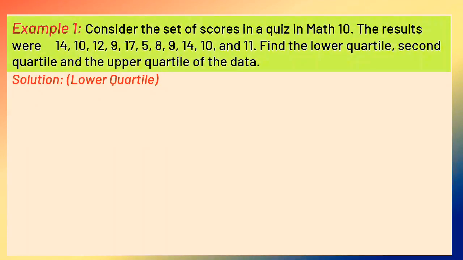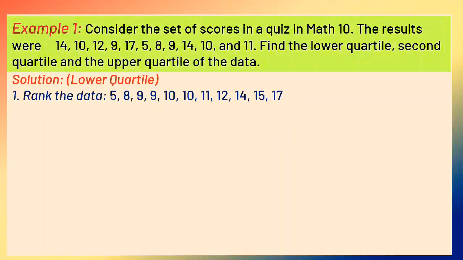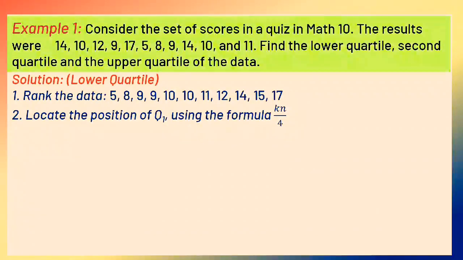So first thing to do is for us to identify the value of the lower quartile. In our first step, we need to rank the data in ascending order. We have 5, 8, 9, 9, 10, 10, 11, 12, 14, 15, and 17. In our second step, locate the position of quartile 1 using the formula k times n all over 4.